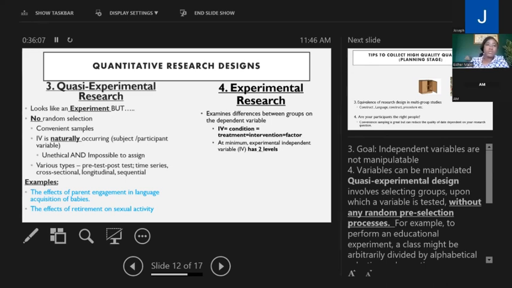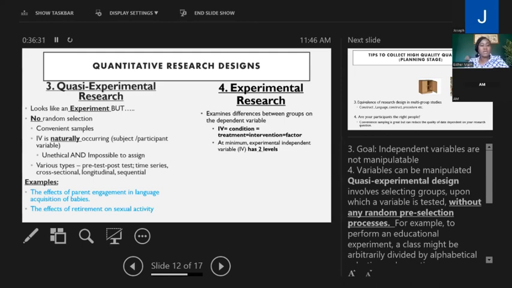You have what we call the independent variables and the dependent variables in both scenarios, right? The independent variable is typically the variable that you are examining for its effect on the dependent variable. So, for example, let's say you want to look at the effect of parent engagement on language acquisition.